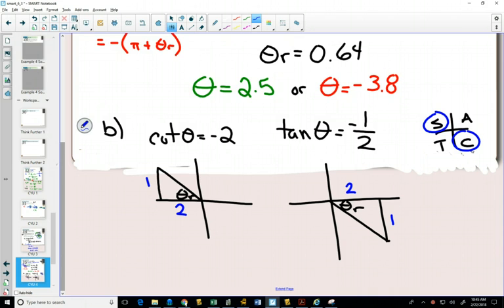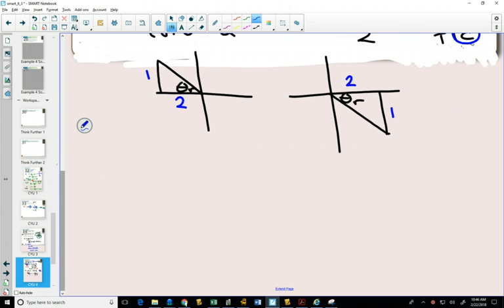Notice I'm labeling lengths of sides of that triangle. I'm not worried about positives and negatives when I'm labeling them. And then what I need to do is find my reference angle. Again, this is just grade 10 trigonometry. You use the positive values because we're actually thinking about that triangle with positive lengths.